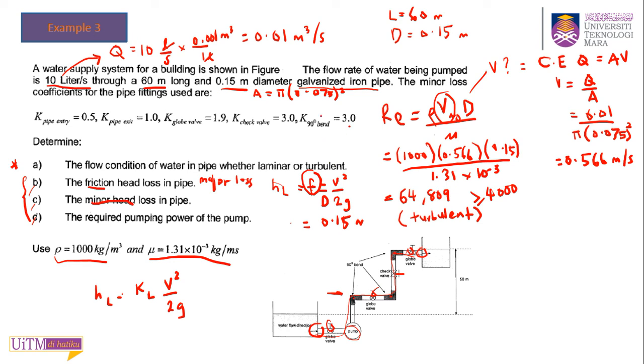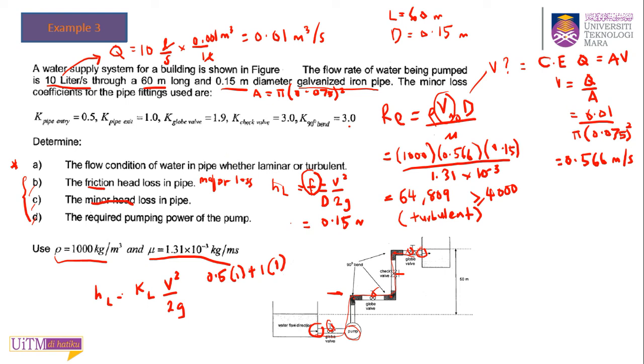So you need to add all of these loss coefficients. I write it here. First, the entry coefficient is 0.5 and there is only 1, so you times 1. Plus the exit, also 1 loss coefficient times 1 exit.